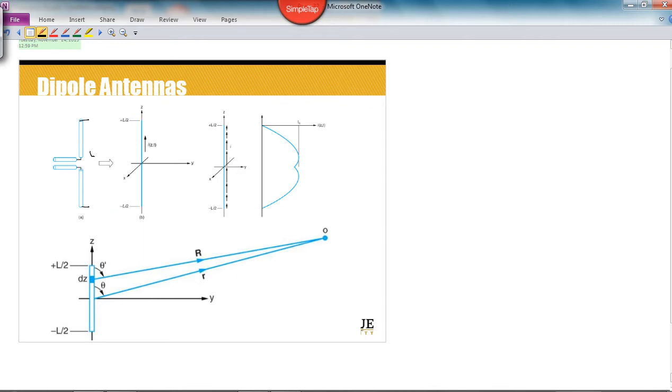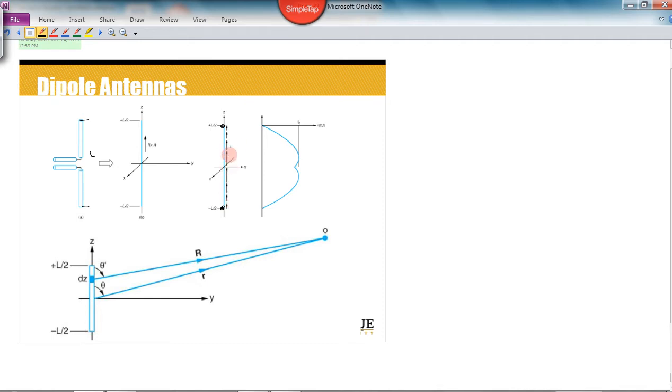So unlike previously where we assumed current distribution was constant along the Hertzian dipole, now there is an actual current distribution along the dipole element. Since the ends of the dipole are open circuits, current has to go to 0 here, and current has to go to 0 here.